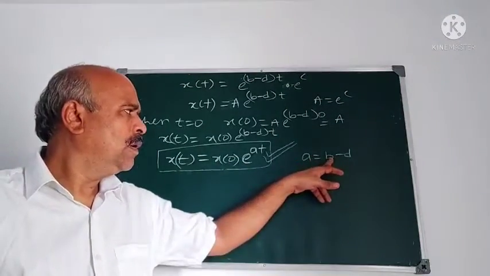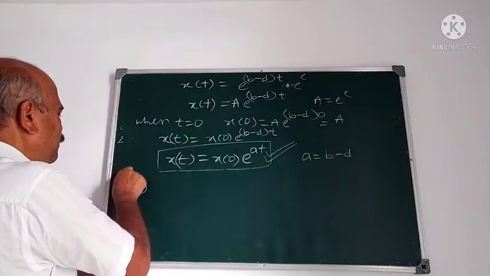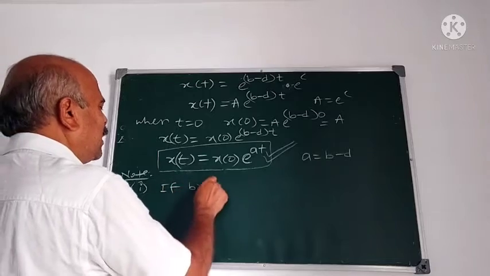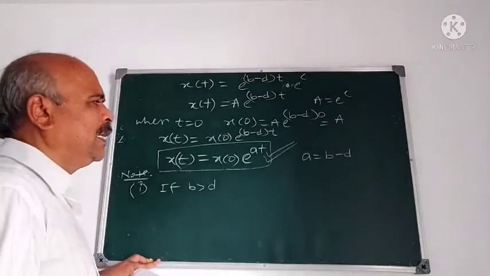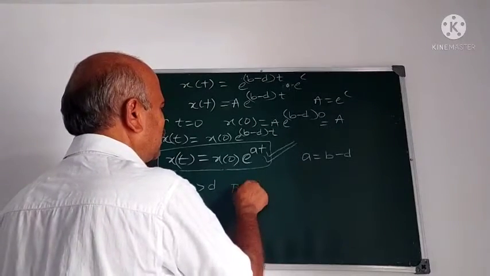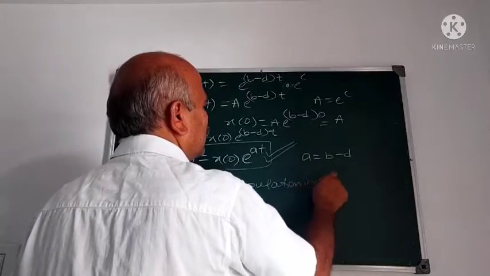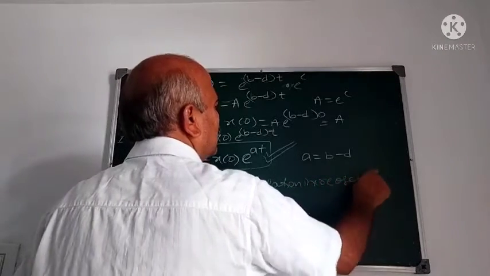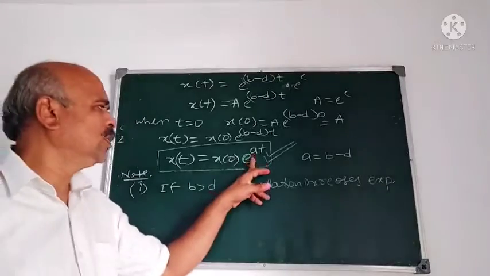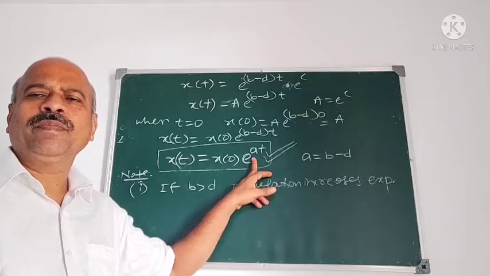If b is greater than d, that is birth rate is greater than death rate, then what happens? Population increases exponentially. Because a is positive, you know the curve e raised to at, exponential it is.